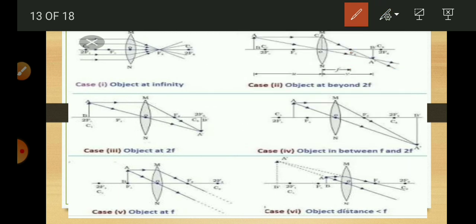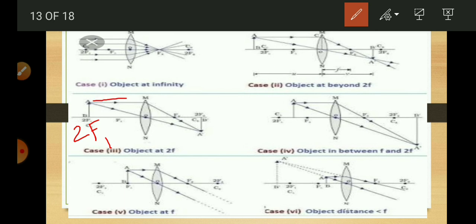Now case 2, that is object at 2f1. If the object is placed at 2f1, again we have to consider any two rules. The first rule is: the ray of light parallel to the principal axis, after refraction goes through the principal focus.